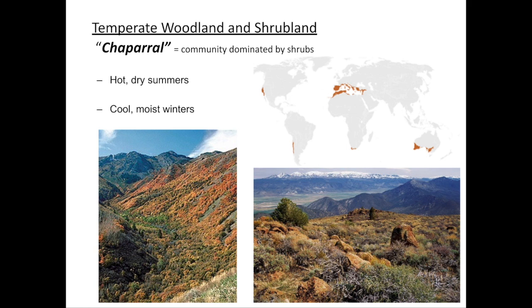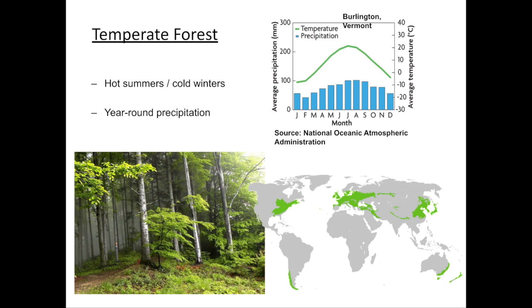All right, and the temperate forests. Here we have hot summers and cold winters with year-round precipitation. In the eastern United States is a place where we find lots of these temperate forests. Through Western Europe, we find lots of these temperate forests.